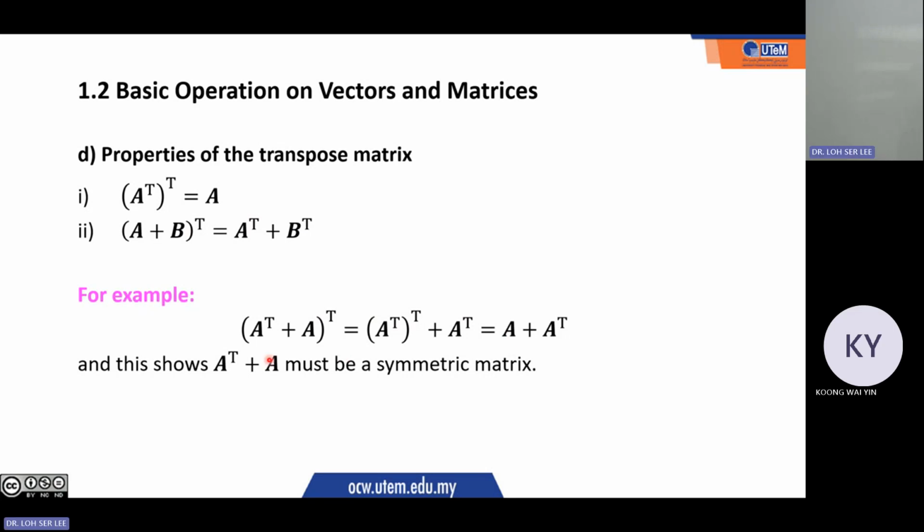So what this means is that (A transpose plus A) transposed overall equals A plus A transpose. The conclusion is that this A transpose plus A must be a symmetric matrix. Why do we say this is symmetric?